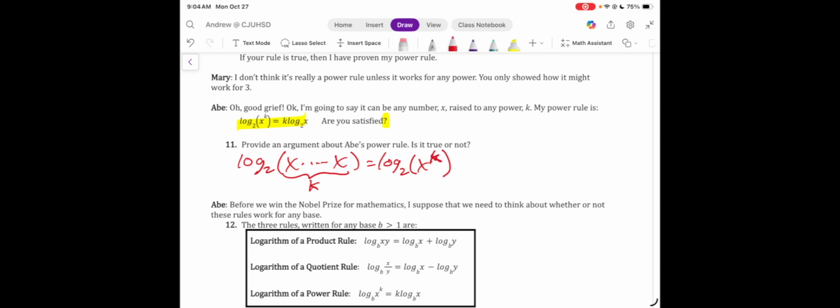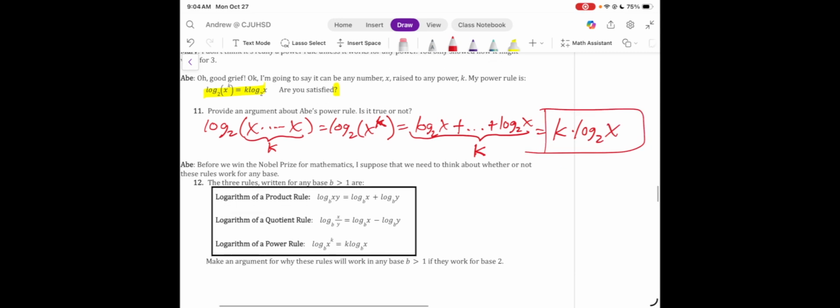But what he's saying is, well, you can break each one of these up to the log base 2 of x... Well, this is added together in this case. All right, so plus... plus a log base 2 of x at the end, and that happens how many times? K times, and so you can just put the k in front of the log. And then, yeah, it's not a formal proof, but it's pretty good.